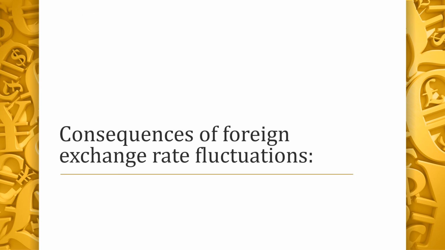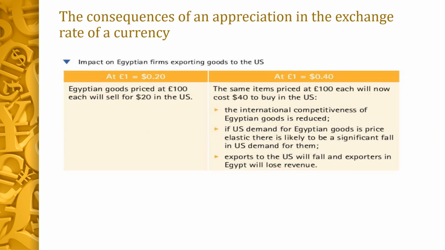Now let us see what the consequences of foreign exchange rate fluctuations are. Let's talk about the effects of an appreciation in the exchange rate of a currency. Here, for example, we'd be talking about the Egyptian firms that are exporting goods to the US.